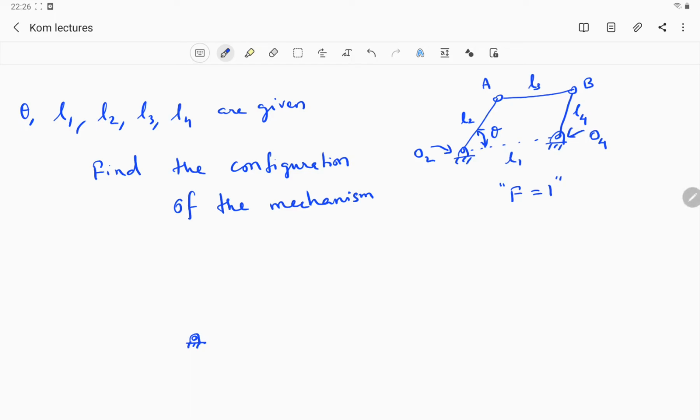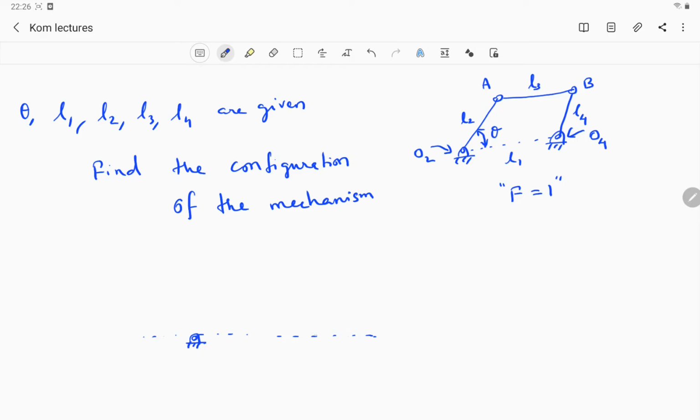I know L1, so let me draw a horizontal line, and I'll mark a point somewhere on the line which is L1 distance from this point O2.